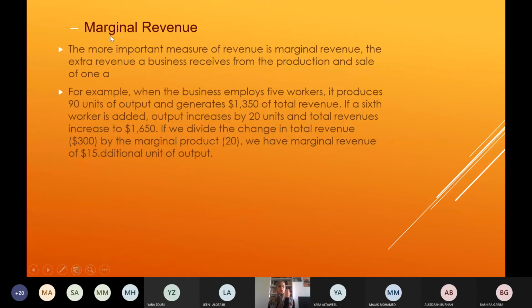Why do you have to understand marginal revenue? Because I have to know how much I gain for producing 1 more cup of lemonade. So the marginal revenue is the extra revenue I gain when I produce 1 more cup of lemonade.